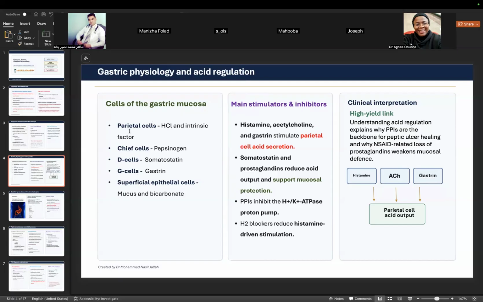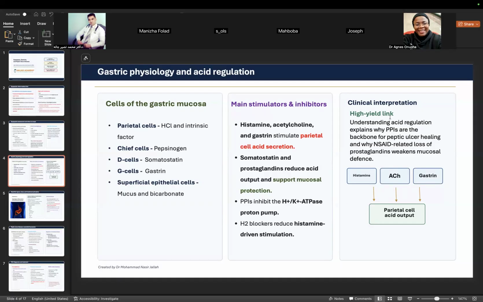Cells in the gastric mucosa: the parietal cell, the HCl and intrinsic factor, chief cells, D cell, G cell, superficial epithelial cell. So these are the things that might be tested in the MCQ.